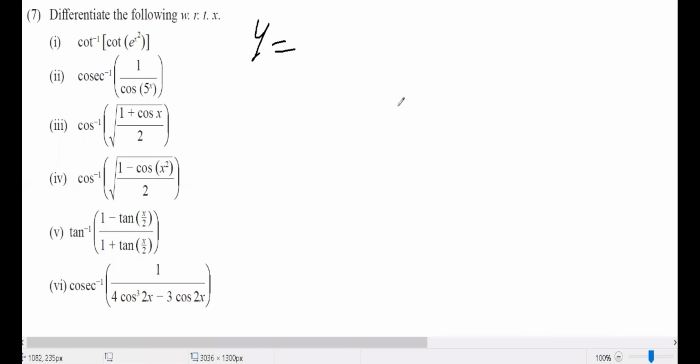In the second case, again, it is cosec inverse. So let y is equal to cosec inverse of 1 by cos phi to the power of x.